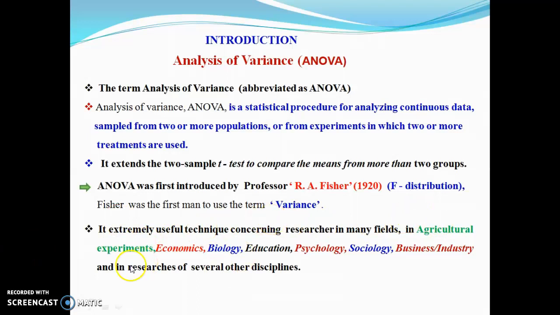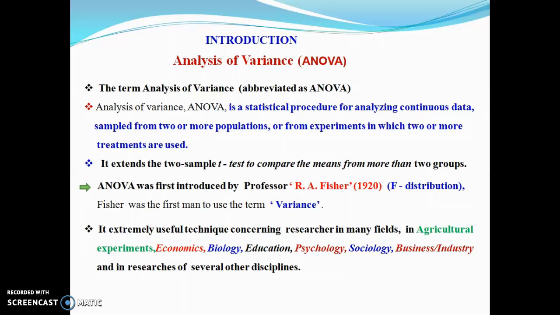If we take the example in business, a manager of a firm may use this technique, analysis of variance, to know whether there is a significant difference in the average sales figures of different salesmen employed by the firm. This is the example for business or industry.